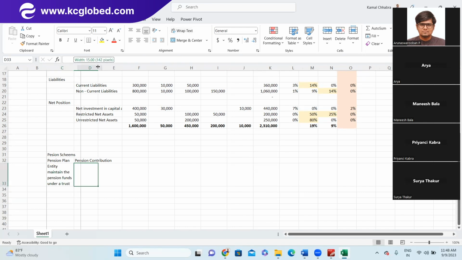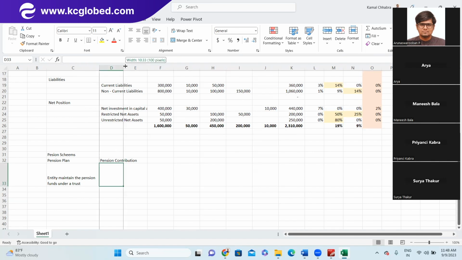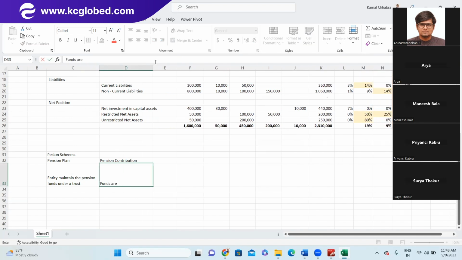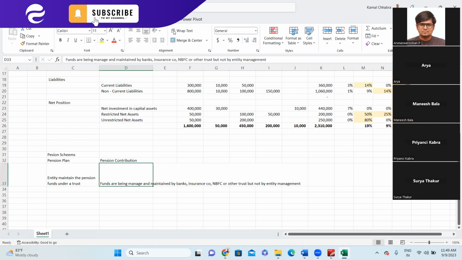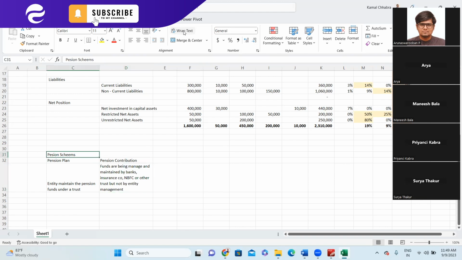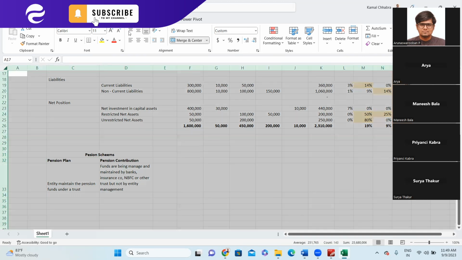Whereas when it comes to pension contribution, funds are being managed and maintained by banks, insurance companies, NBFCs, or other trusts, but not by management, right? So this is the difference between these two categories, the pension plan and the contribution plan. So far so good. Any doubt here?